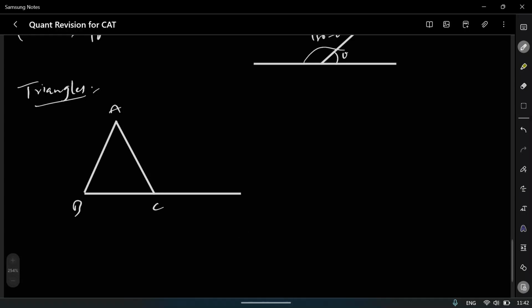The basic principles or basic rules of triangles are: A plus B is greater than C, and A minus B is less than C.